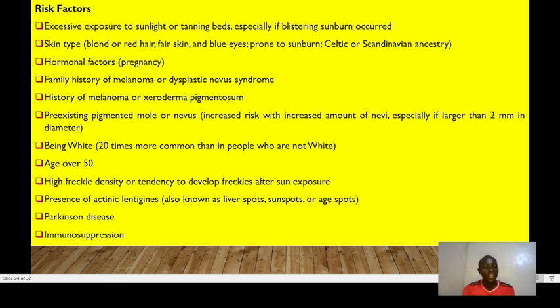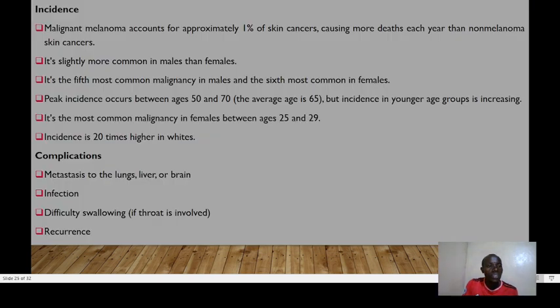We also have high freckle density, or tendency to develop freckles after sun exposure. Presence of actinic lentigines, also known as liver spots, sunspots, or age spots, Parkinson's disease, and immunosuppression. All these are the risk factors for developing melanoma.